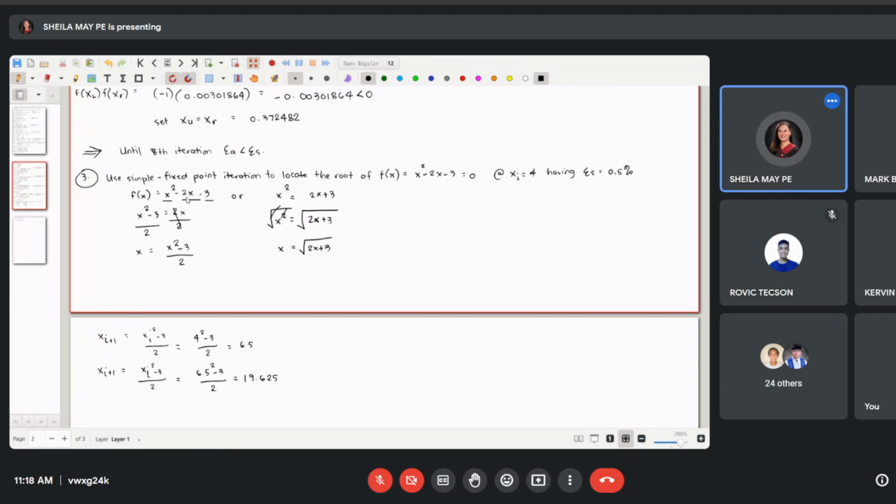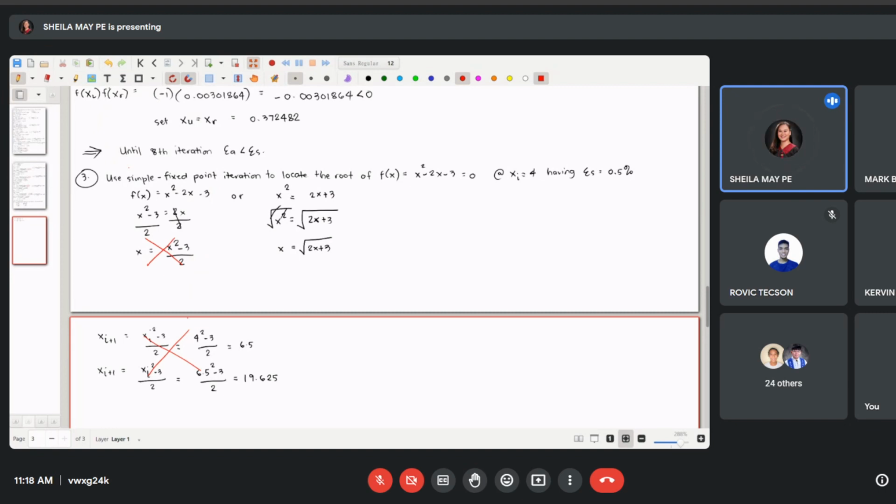So looking here at our first evaluation, our first x sub i is 6.5. It got bigger at x sub i plus 1, that's 19.65. So we cannot use this, because it is diverging from our root.